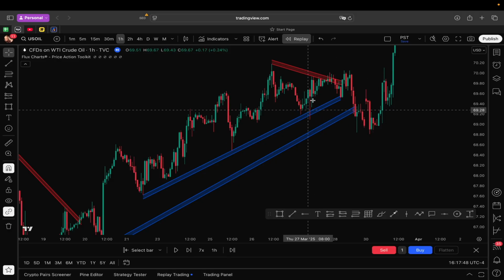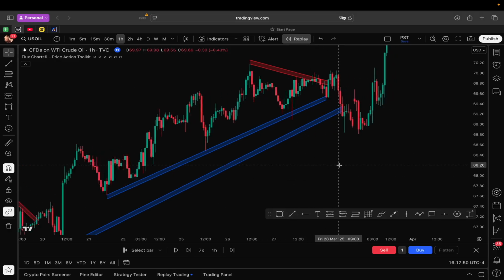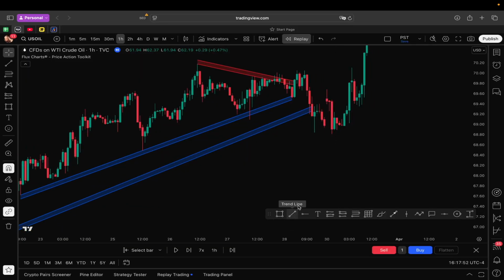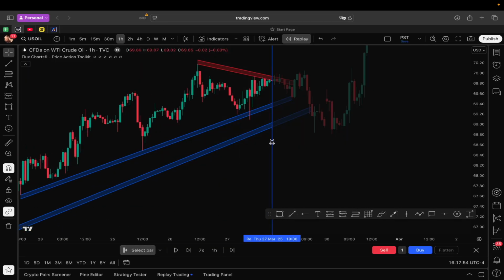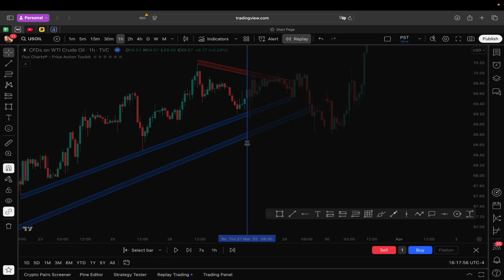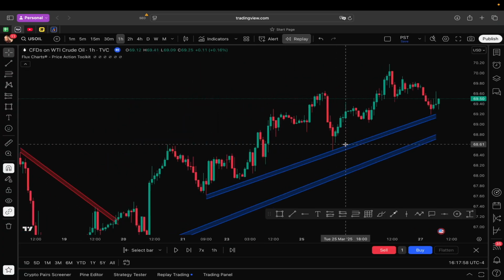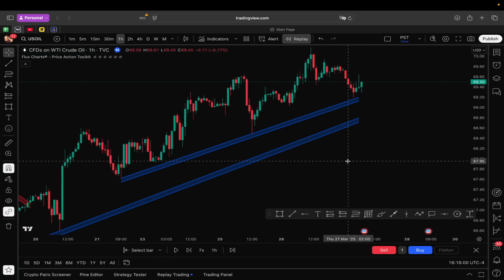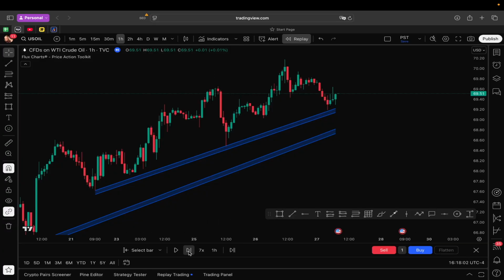So remember, we are waiting for liquidity to be taken. So let's rewind a little bit and let's quickly take this trade. So let's have a look. So if we play price out, we had a wick down. So we're waiting for some sort of liquidity.